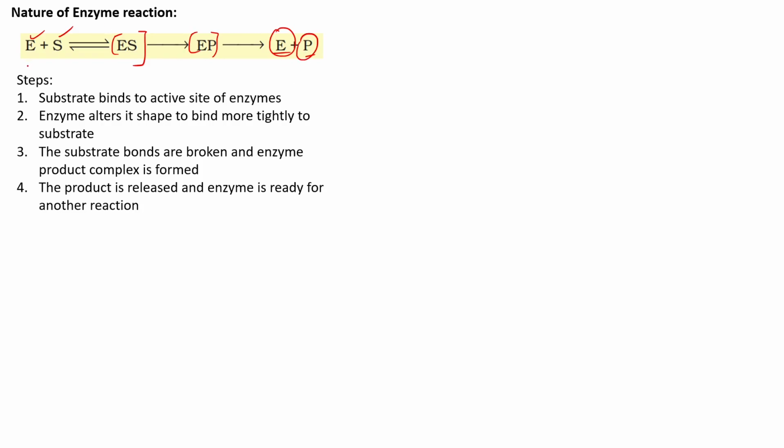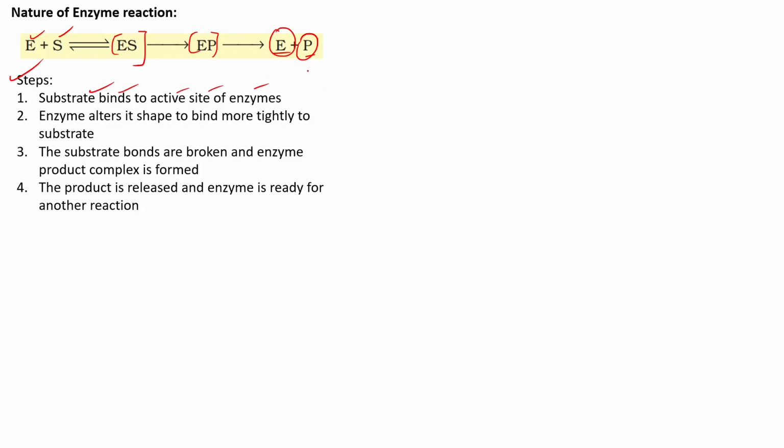So you can see the steps of enzyme action. The first step is that the substrate binds to the active site of the enzyme. An active site is the site where the substrate can fit into that particular enzyme.